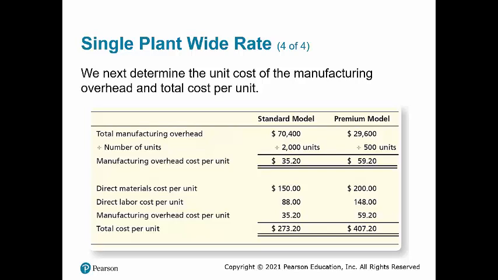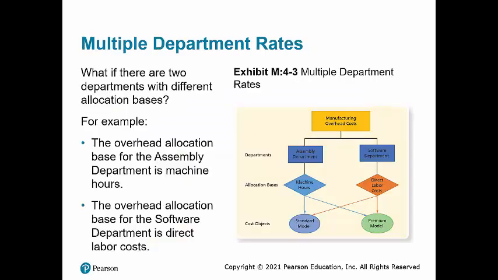We add that to the direct materials and direct labor costs per unit to get the total cost per unit for the standard and the premium model as shown on this slide. Now we're going to look at how we might use multiple department rates instead of a single plant-wide rate.